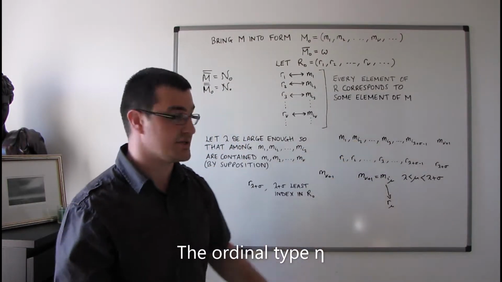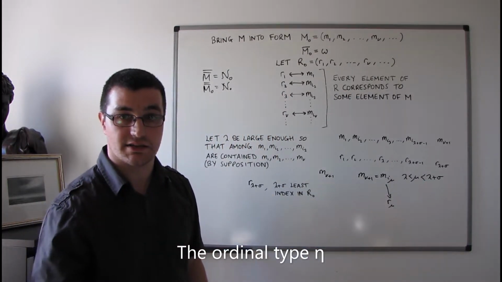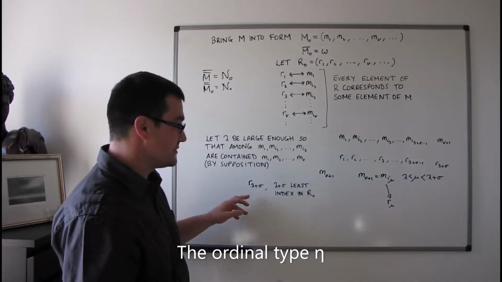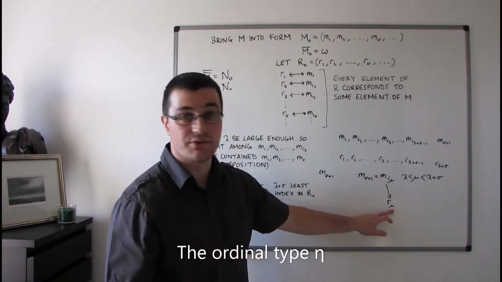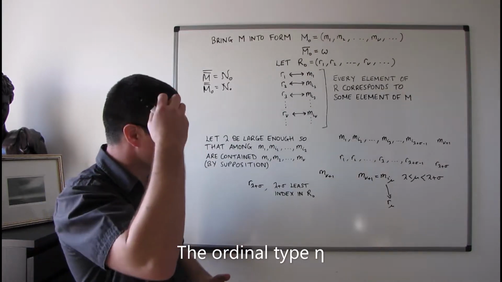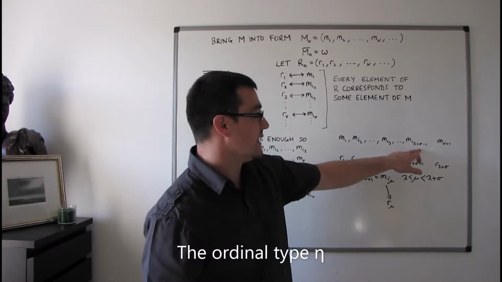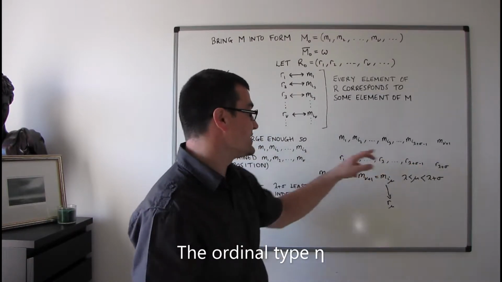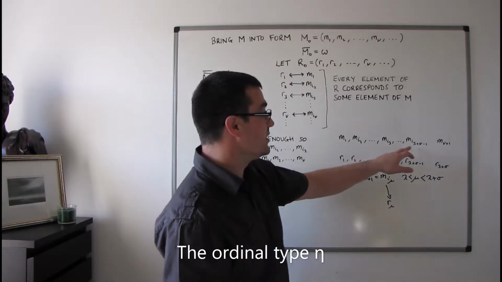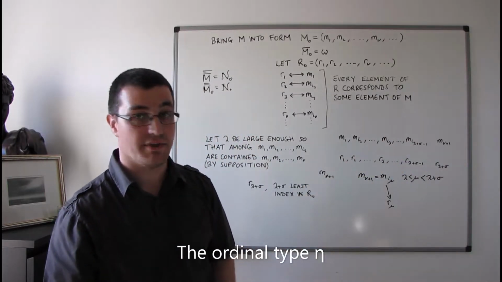But that's a contradiction, because lambda plus sigma was chosen as the least such index. So if there is a mu that is less than lambda plus sigma, then that's going to be a contradiction. So that means then that m nu plus 1 cannot be found in this list of numbers here. So m_i1, m_i2 up to m_i lambda plus sigma minus 1, m nu plus 1 is not there.